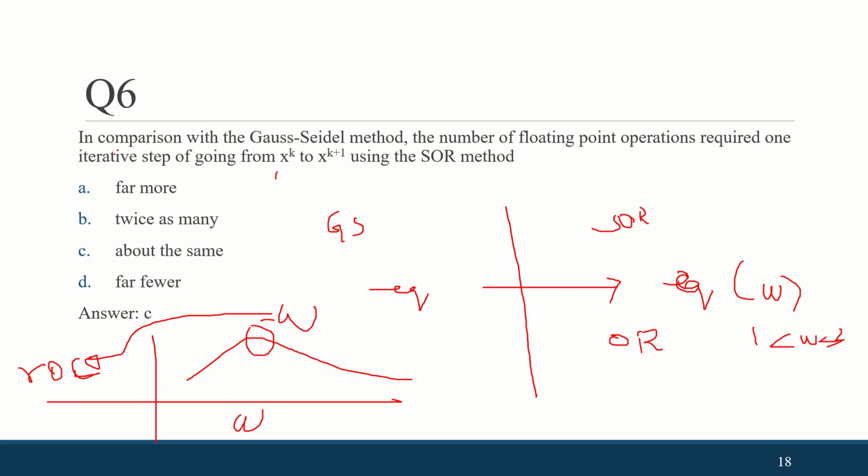The iteration steps would be reduced, but for a single iteration step, the number of floating point operations required would remain the same between the Gauss-Seidel and the SOR method.